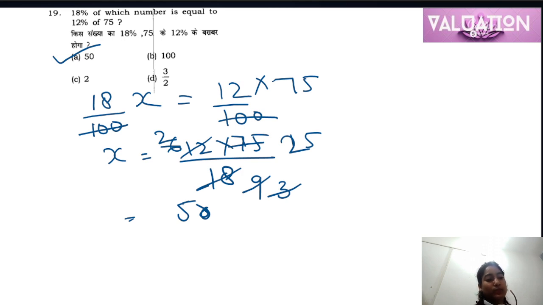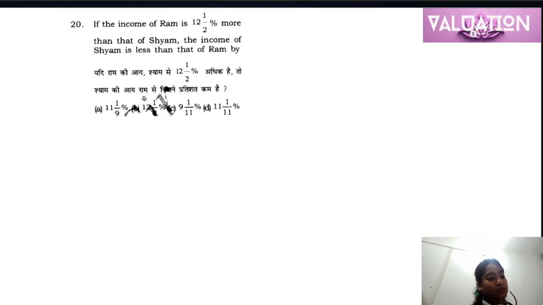Let's move to the next question. So here it says, if the income of Ram is 12.5% more than that of Sham. So we have to convert this 12.5% into a fraction.